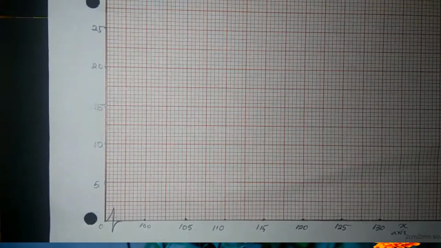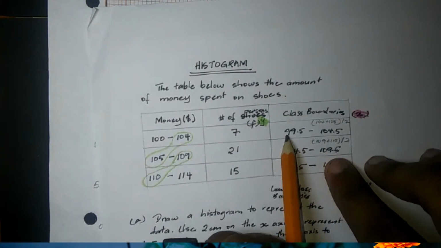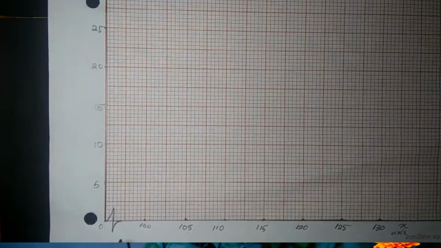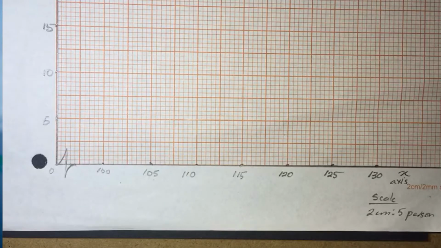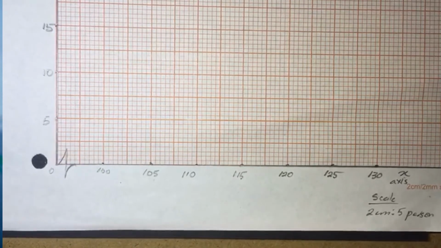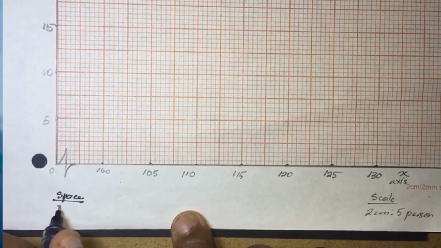Now remember, with my histogram, I'm plotting my class boundaries along with my frequency. So I need to look for where 99.5 would lie on my x-axis. To find where 99.5 is, I know it's somewhere between 0 and 100. But to find it exactly, I need to do space divided by scale.